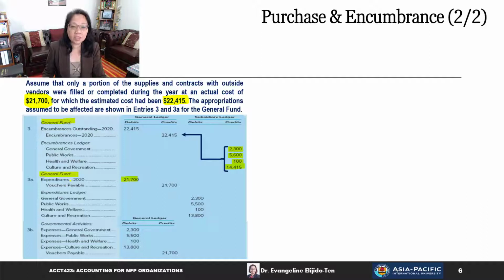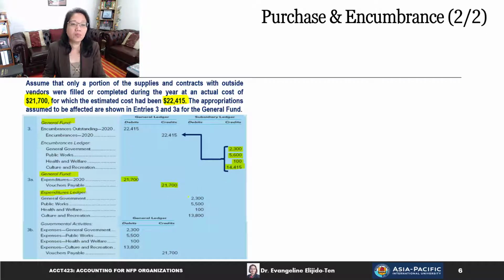So we debit expenditures for $21,700 and credit vouchers payable. This is our liability for $21,700, the actual cost.